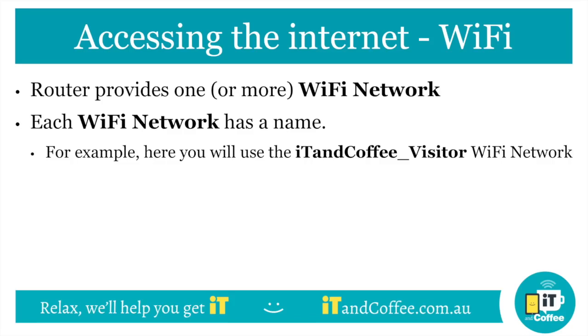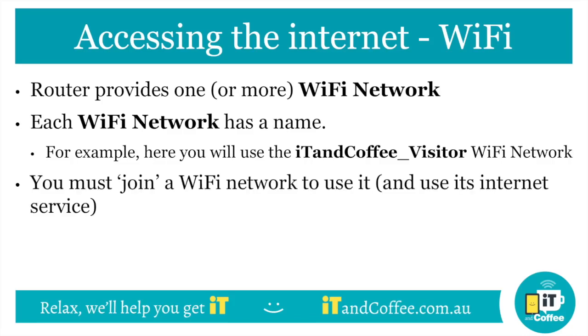And each Wi-Fi network has a name. The name is provided as a standard name for that router, but you can modify it. We have modified our network names at the IT and Coffee Shop so that we have a visitor network and then our main network to keep the visitor connection separate to our main business network.